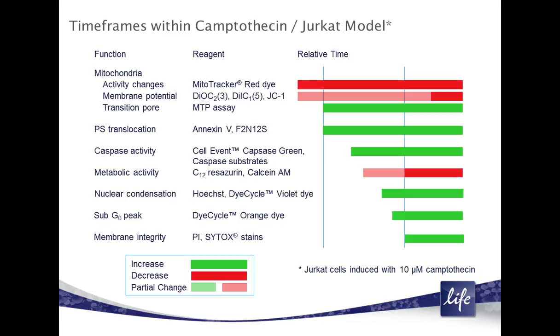We notice that JC-1 and mitochondrial assays decrease as annexin increases. Caspase activity tends to increase after annexin, and C12 resazurin activity decreases after annexin positivity. And of course, the later events of membrane integrity come last.